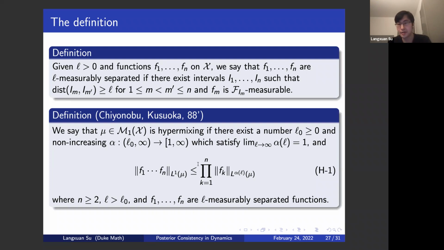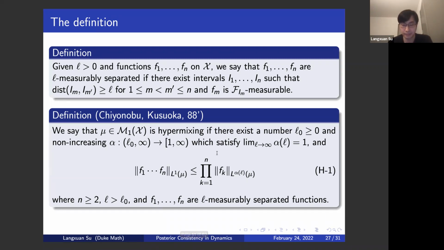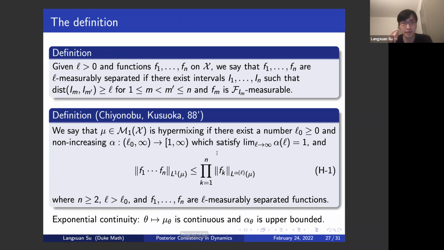It becomes upper bounded by the product of some norm of each function, and this norm is very close to 1, so it's almost independent, but you have some space to work around it. Anyway, this definition is not important. I will show you a concrete example in the next slide.